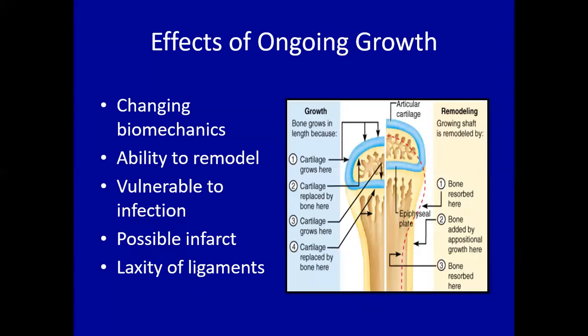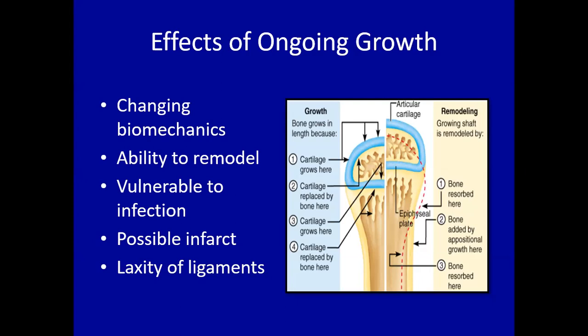So as we age, the bone's going to remodel, and it starts as this cartilaginous tissue, and then as remodeling occurs, more bone is reabsorbed in the form of calcium and phosphorus, and that allows the appendicular skeleton to grow in length.